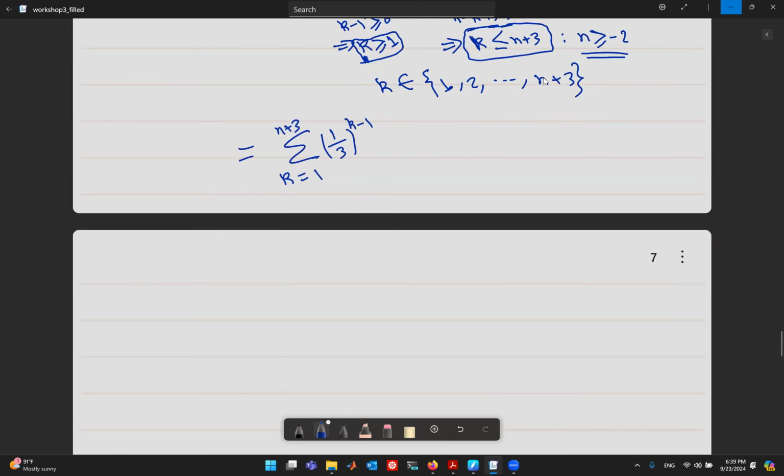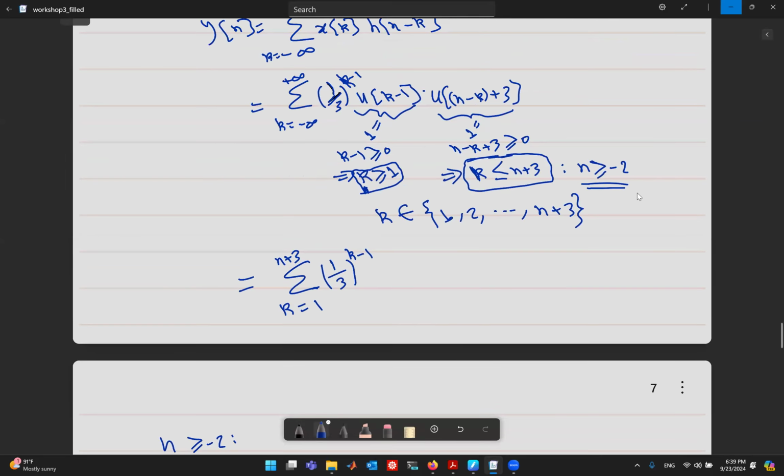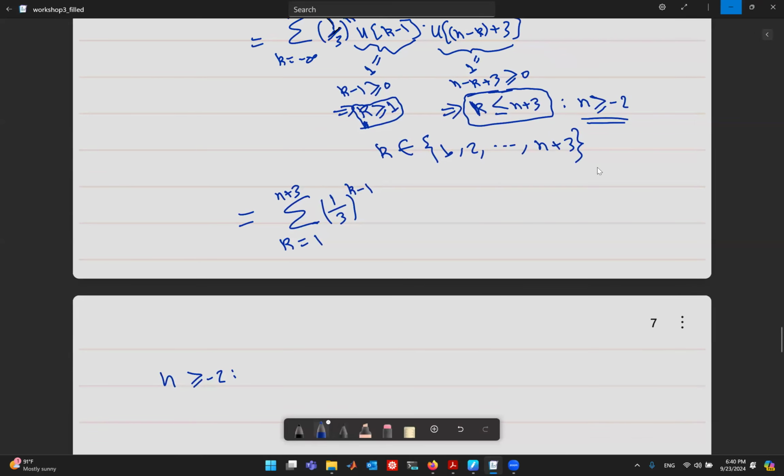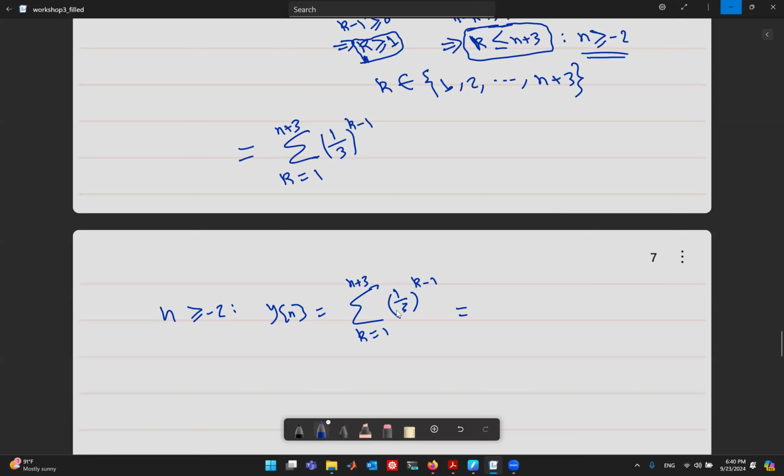When n is larger than or equal to minus 2, we have, if larger than minus 2, then yn will be the summation k from 1 to n plus 3, which is this geometric series. What's the value of this summation?